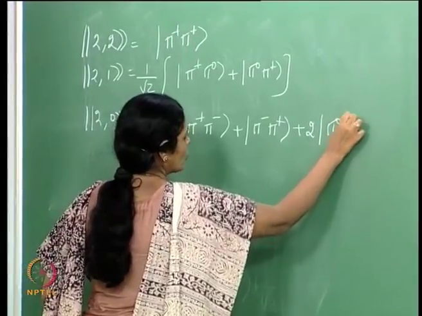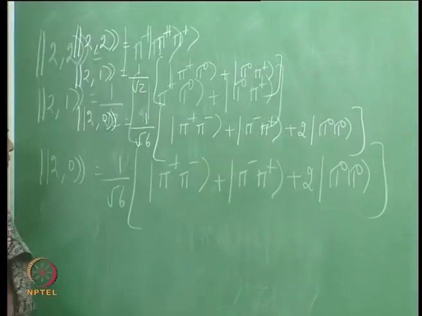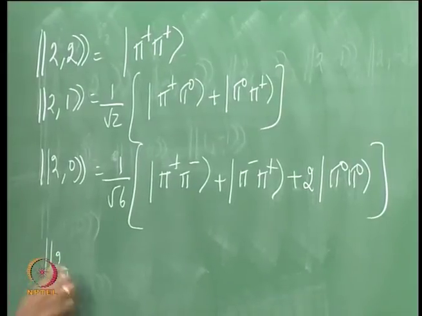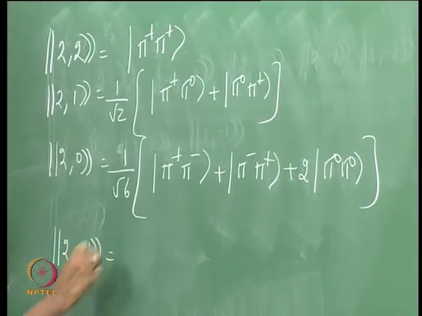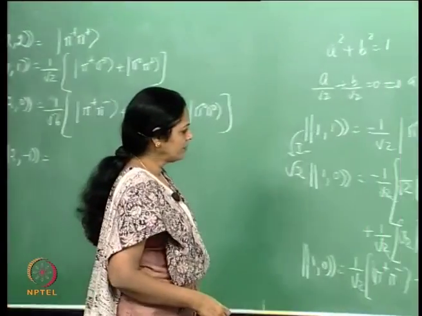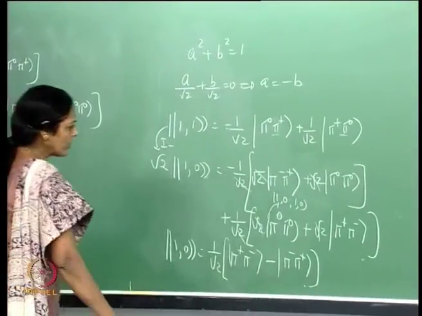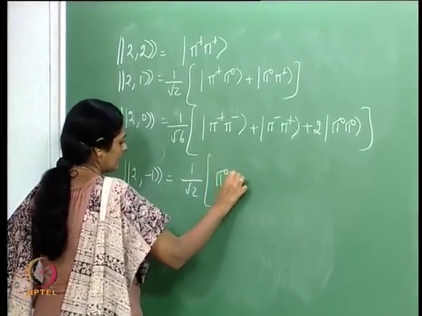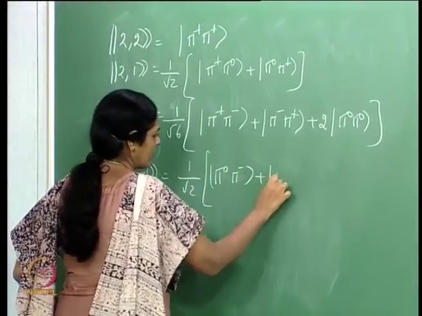It had two neutral pions contributing to it. 2, minus 1 is simply 1 by root 2 pi 0 pi minus plus pi minus pi 0.